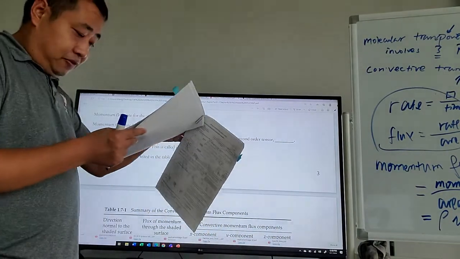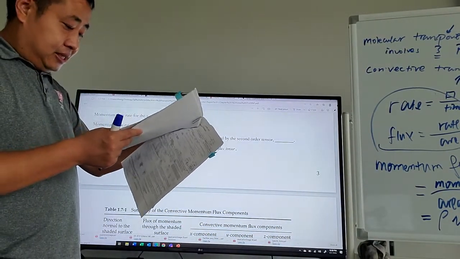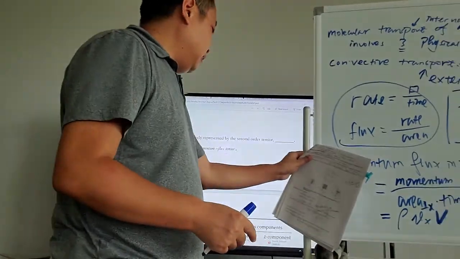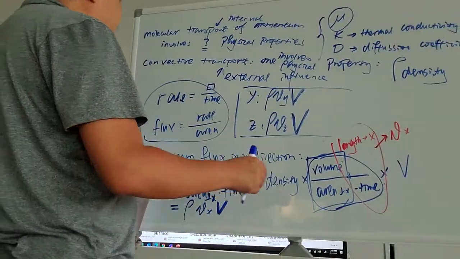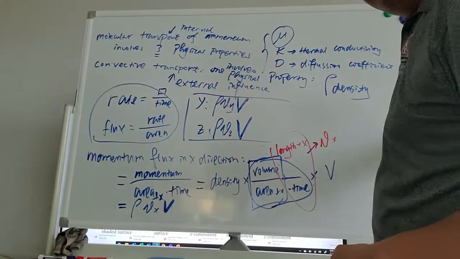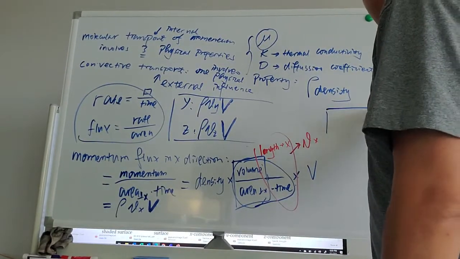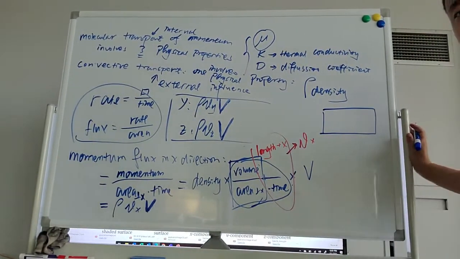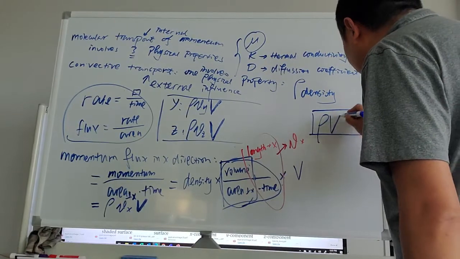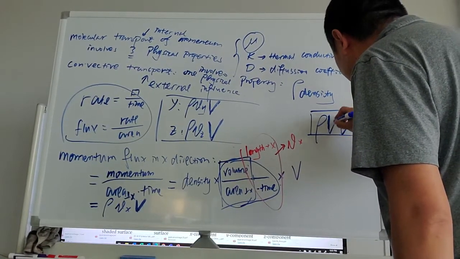For this tensor, all 9 of them, we use rho v to indicate.